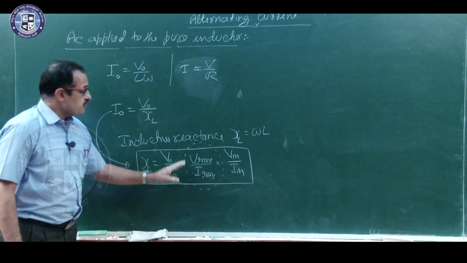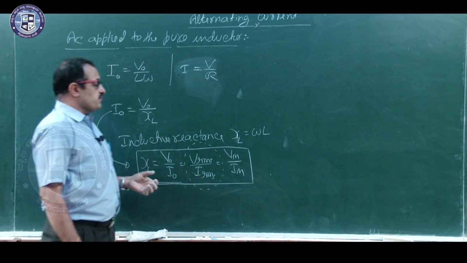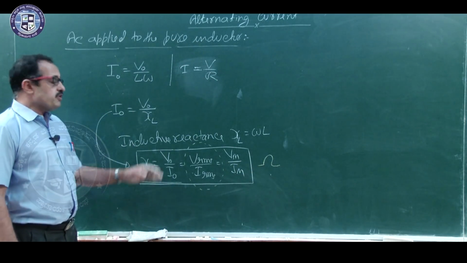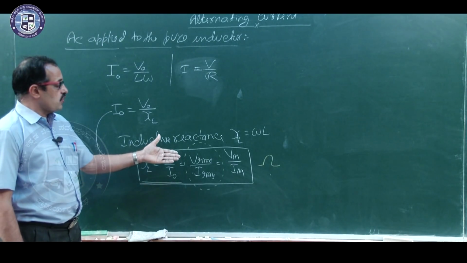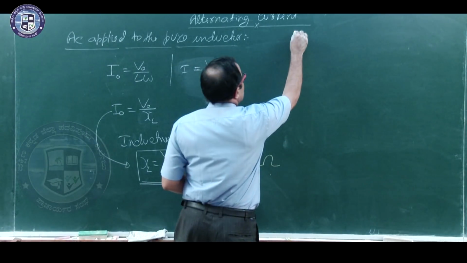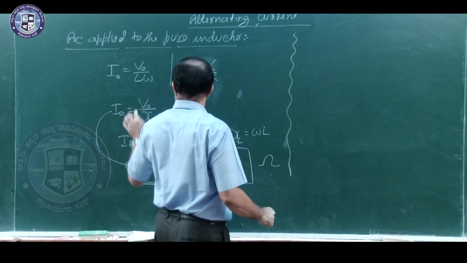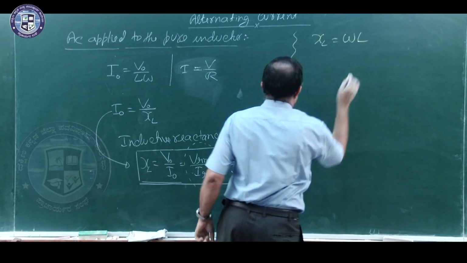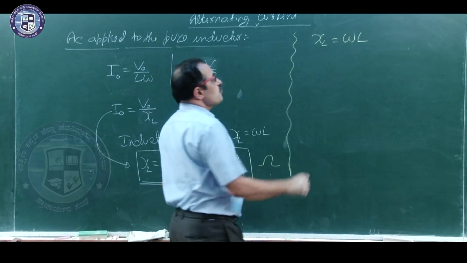Okay. This is the definition. Now, it is the ratio of voltage and current, therefore it is expressed in terms of ohms. Ohm is the unit of inductive reactance because it is the ratio of voltage to current. Now, we have one more equation for inductive reactance from the theory, that is XL is equal to omega L. What is omega?